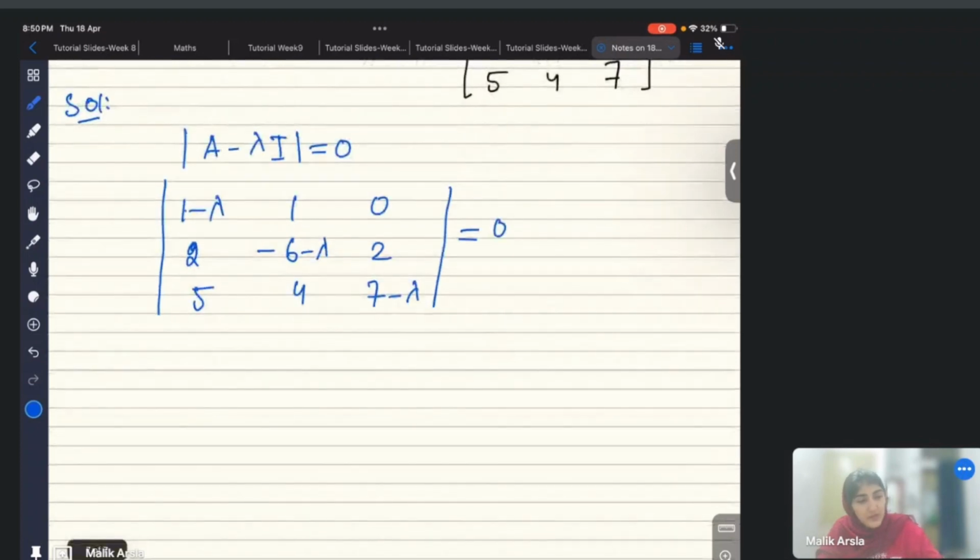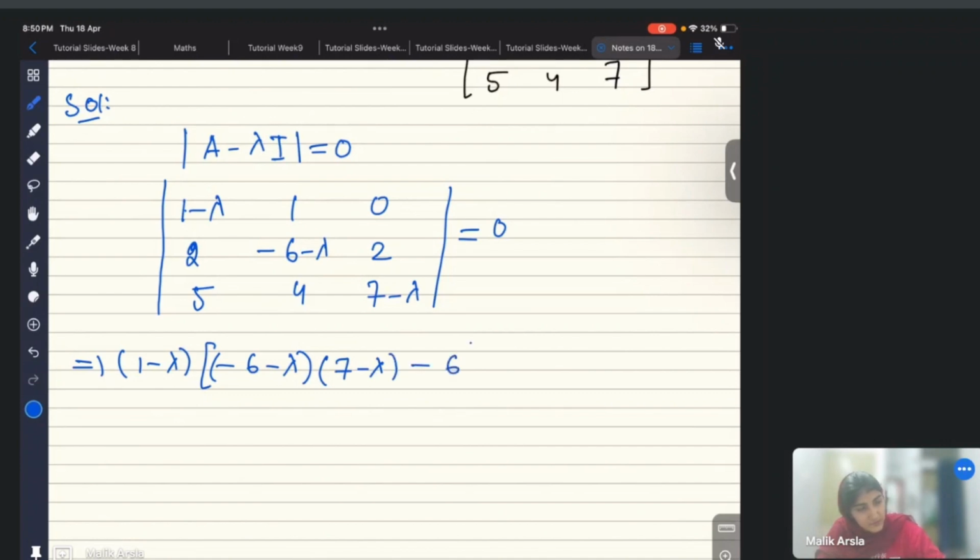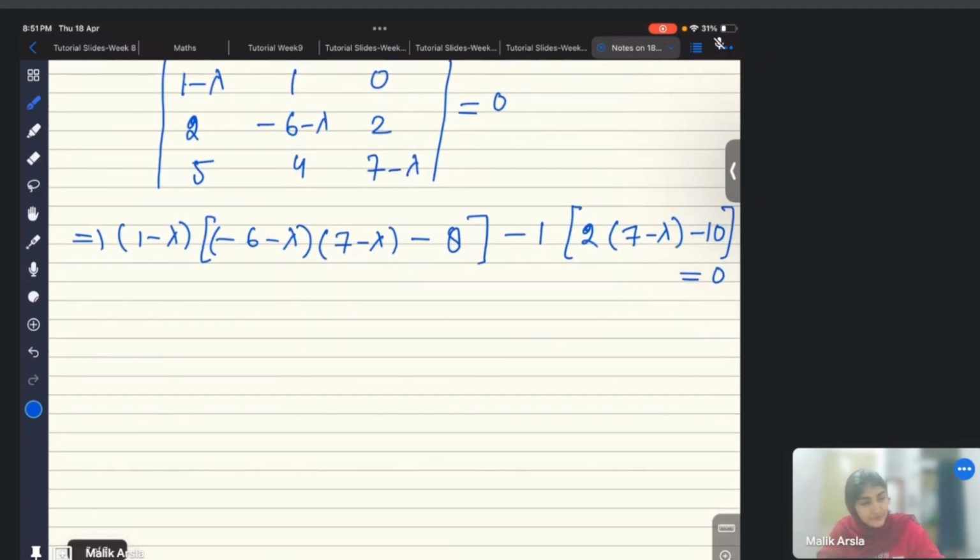Simplifying, it is 1 minus lambda times, minus 6 minus lambda into 7 minus lambda, minus 8, then minus 1 into 2 times 7 minus lambda minus 10 is equal to 0.